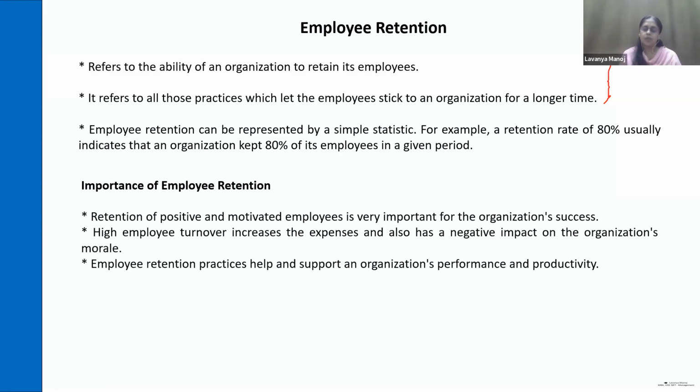Obviously, employees will stay for more time, so it's good for the organization. It helps the organization work towards any goal or set objectives. It's easy for them because again and again they don't have to explain their objectives and the workflow to new hires. With the existing employees they can go with the organizational flow.